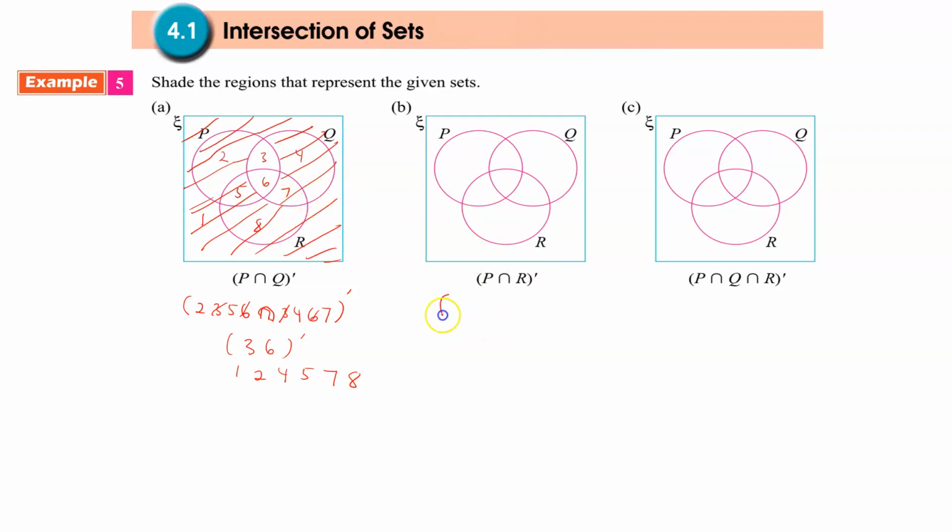So P masih lagi 2, 3, 5, 6. R bawah ni lah. 5, 6, 7, 8. 5, 6, 7, 8 complement. Intersect maksudnya yang sama. Kiri kanan yang sama. Dua-dua ada 5. Dua-dua ada 6. So 5 dengan 6. Complement maksudnya tak nak 5, 6. Kita ada 1, 2, 3, 4, 7, 8.